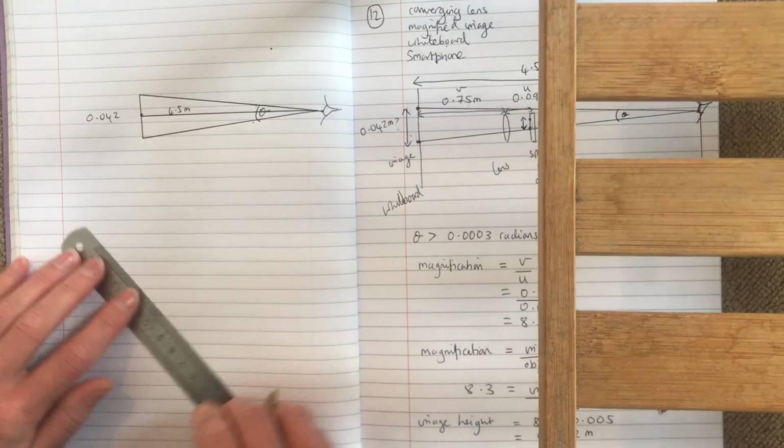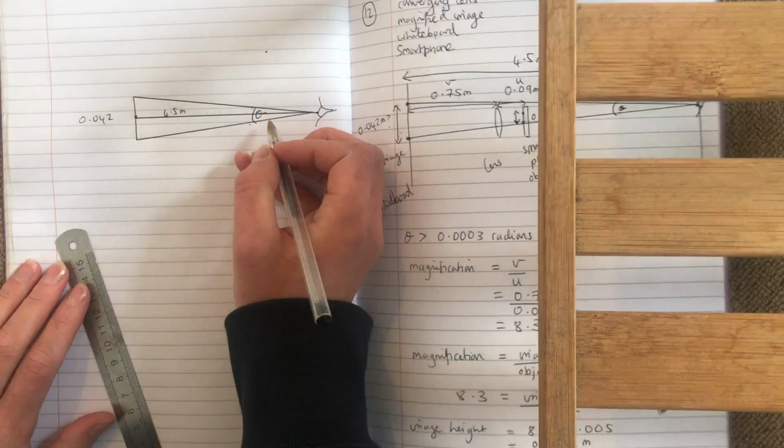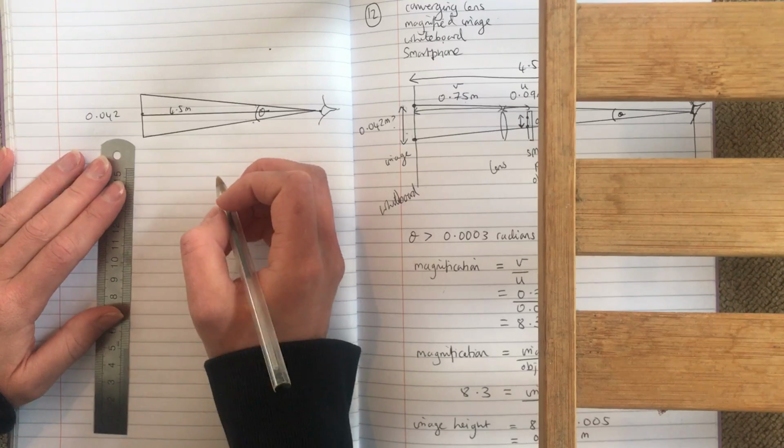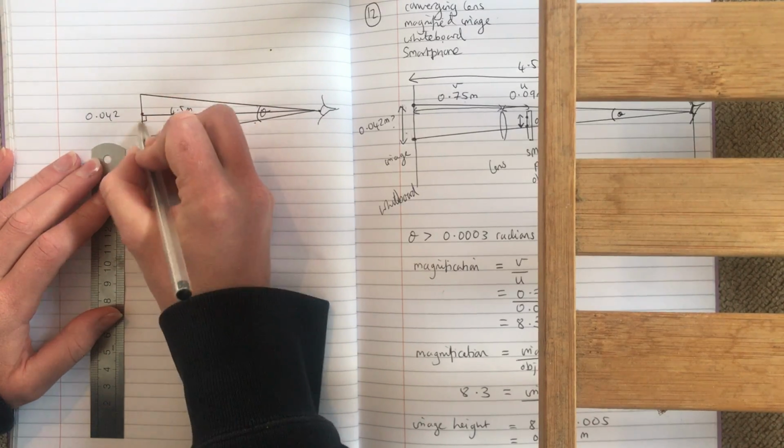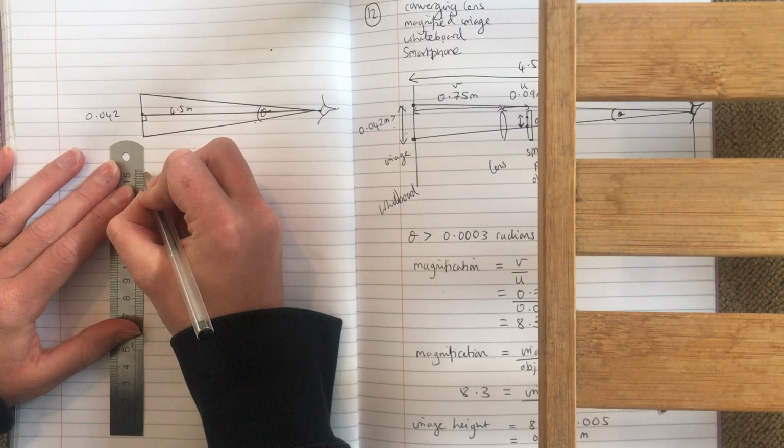Now what we're going to do is take half of that triangle and use it to work out what theta is, and specifically theta over 2. So let's take this triangle here.